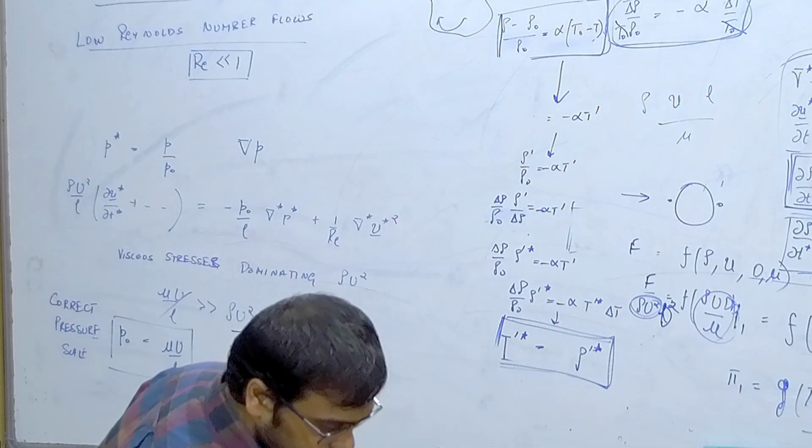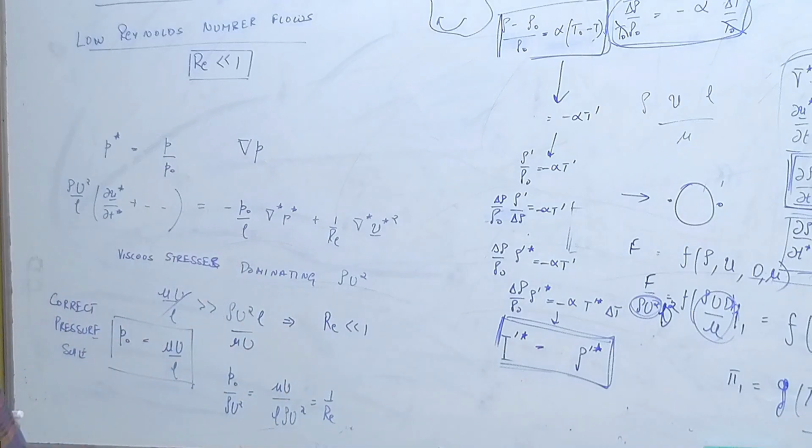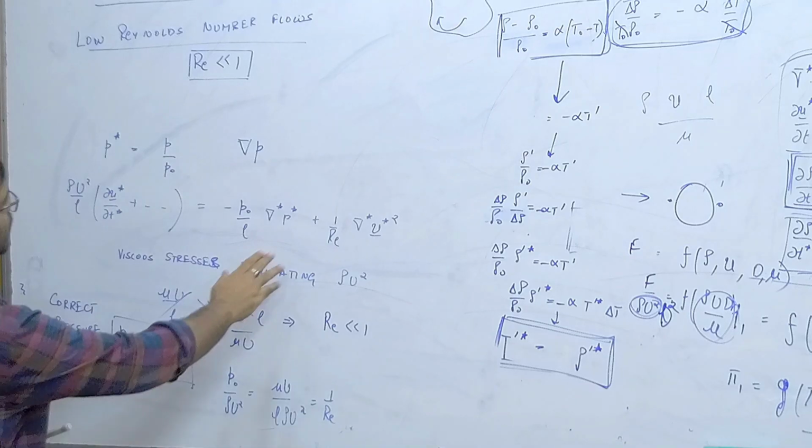So you just multiplied the second equation with rho u square by L.